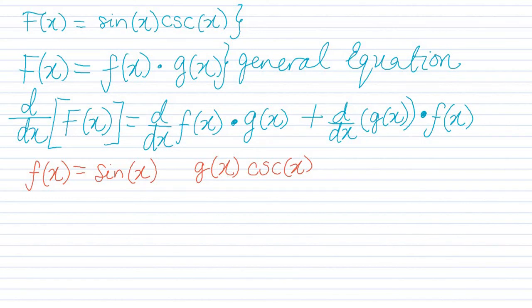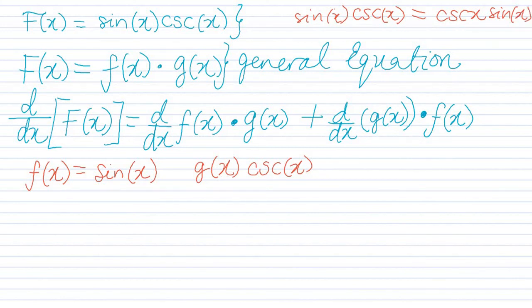Meaning, applying the product rule to sine x multiplied by cosecant x is the same thing as applying it if we switch the positions of sine x and cosecant x. So sine x multiplied by cosecant x is the same thing as cosecant x multiplied by sine x. If we apply the product rule, we're going to get the same answer.